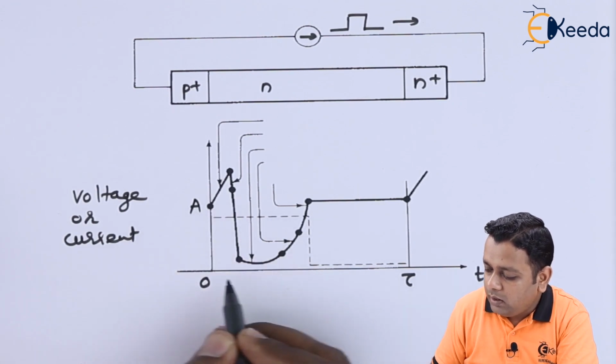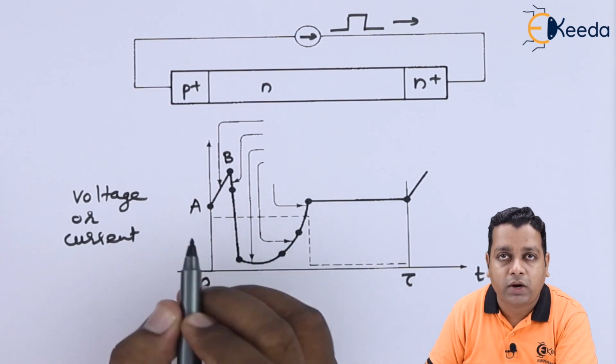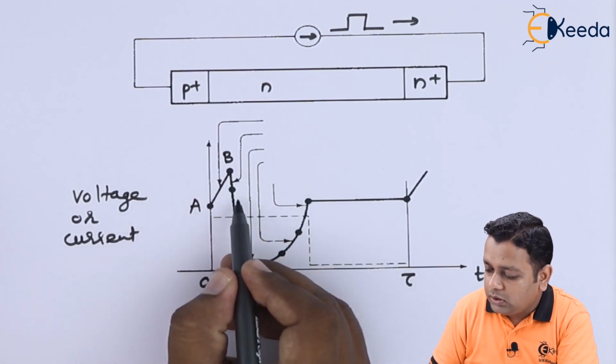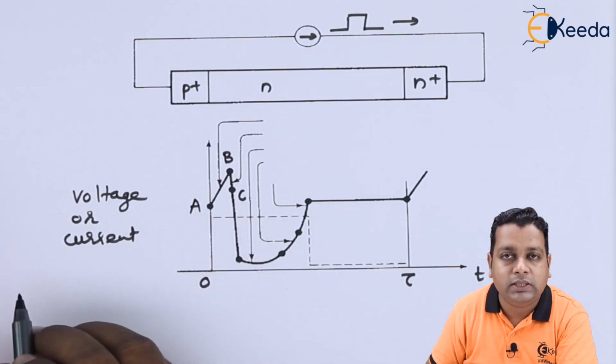Next to that, after a certain time duration, it will attain the level of point B. After a reduction in the voltage and current levels, it will be at point C here.